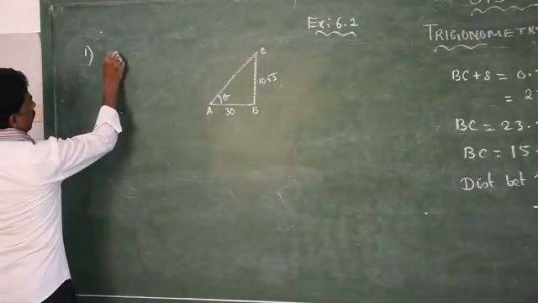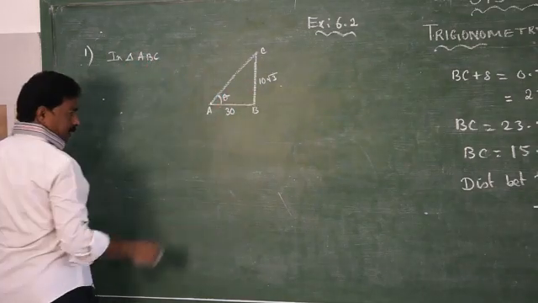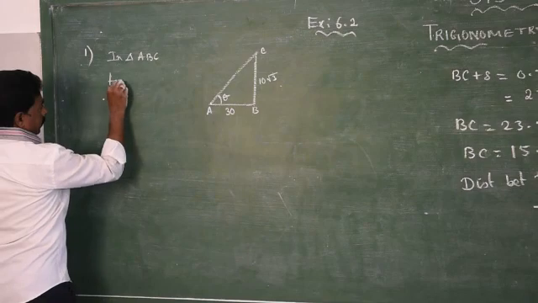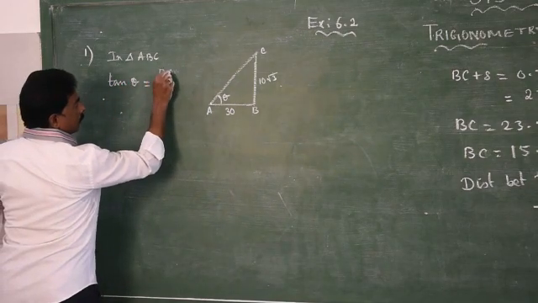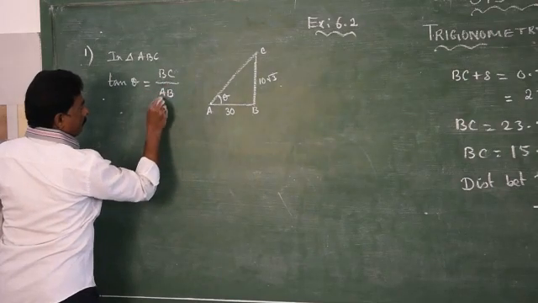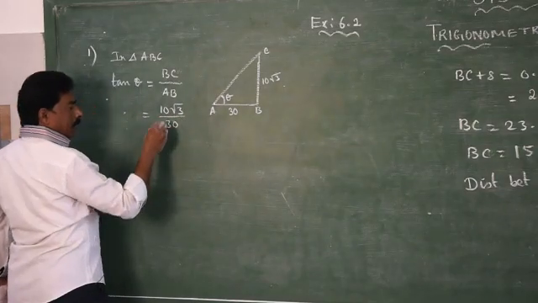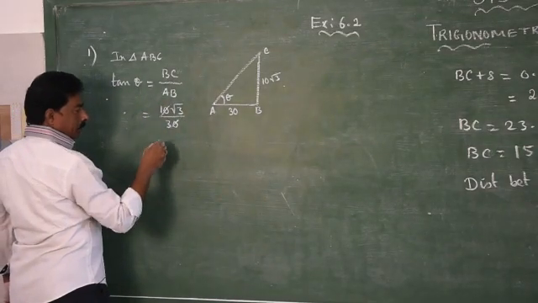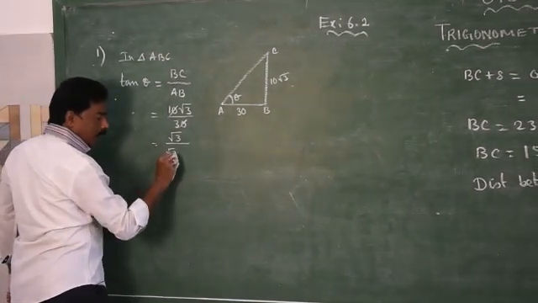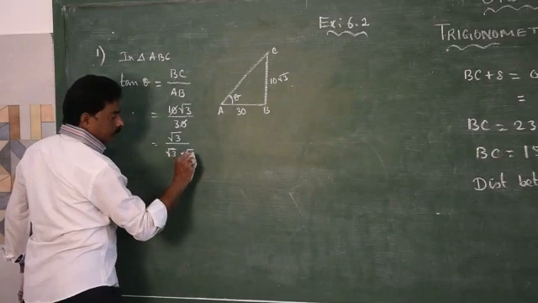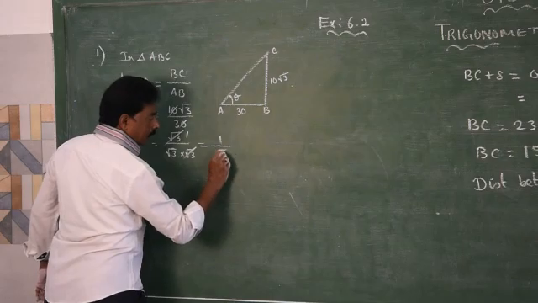So in triangle ABC, opposite and adjacent are given. So tan theta, theta we do not know, that is what you have to find. Opposite by adjacent. Opposite is 10 root 3 by 30. When you cancel, you will get root 3 by 3. 3 we can write as root 3 into root 3. So when you cancel, 1 by root 3.